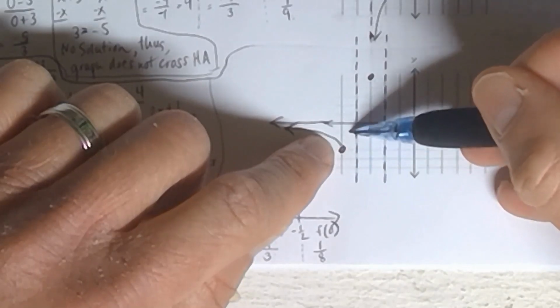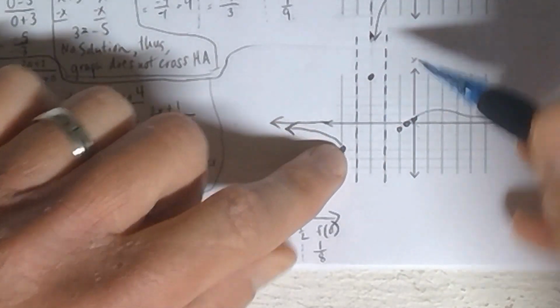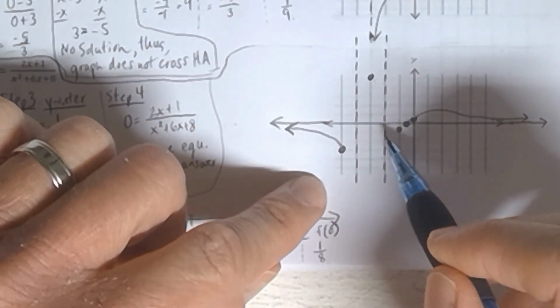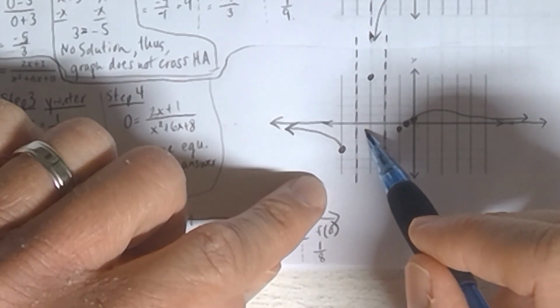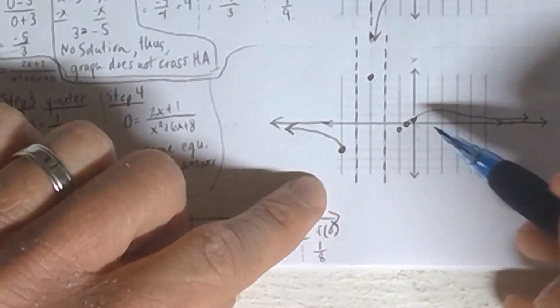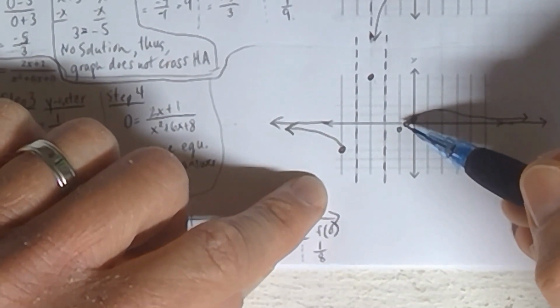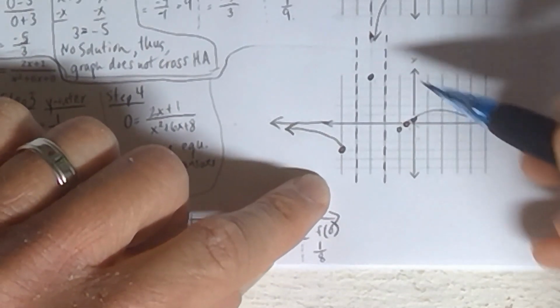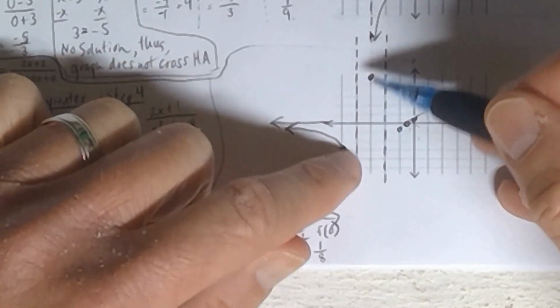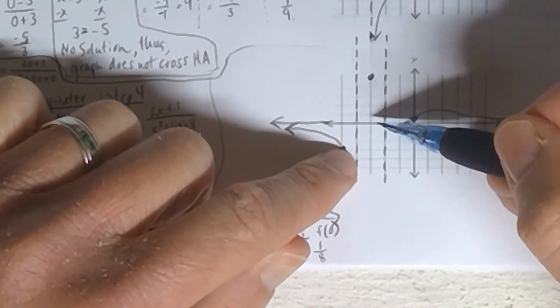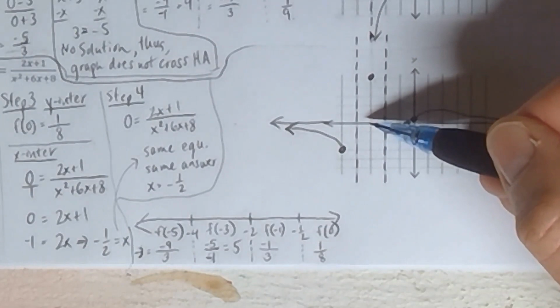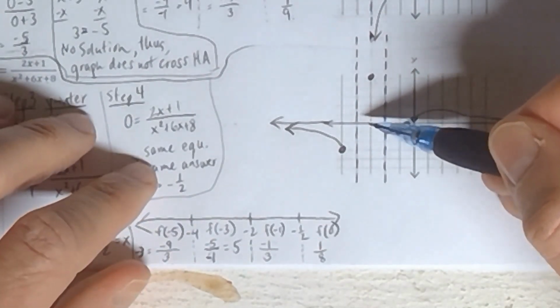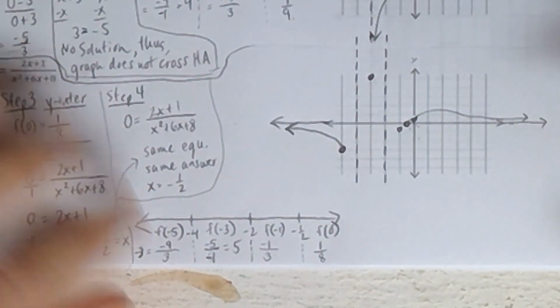Is this one going to turn around and go towards the middle? No, it's not, because it cannot cross the horizontal asymptote right there. The other reason is that the only x-intercept is right here, and since that's way over here, it cannot go towards the middle. It would have to cross the horizontal asymptote, which is also where the x-intercepts would be, in this particular problem.